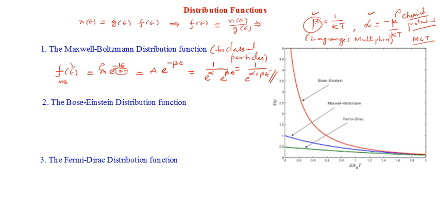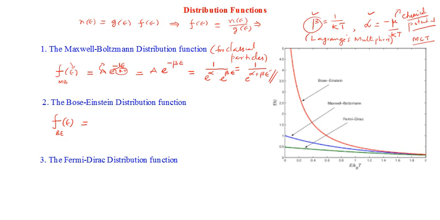Similarly, the Bose-Einstein distribution function can be derived, and it finally turns out to be f Bose-Einstein, which is also a function of the particular energy. That is given by another equation.